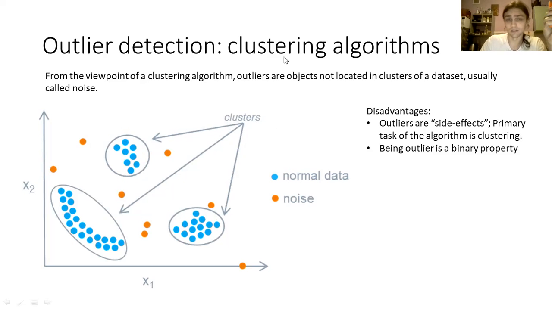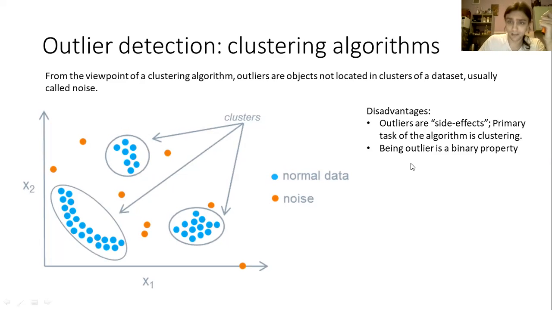But these algorithms also have some problems. For example, outliers in these algorithms are side effects. The primary task of the algorithm is clustering the normal data in the dataset.